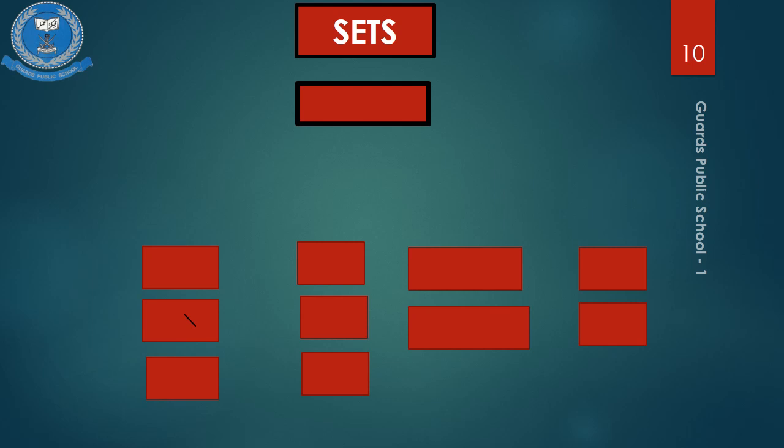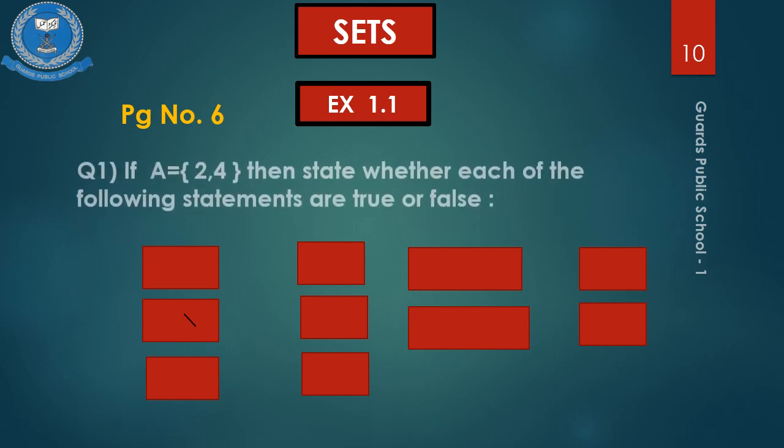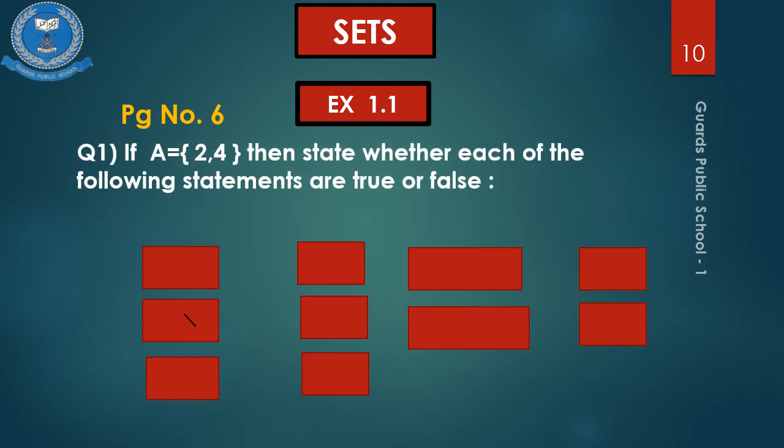Open your textbook page number 6, exercise 1.1. Question number 1. If A is equal to bracket 2 comma 4 bracket close, then state whether each of the following statements is true or false. Now set A has two elements, 2 and 4.